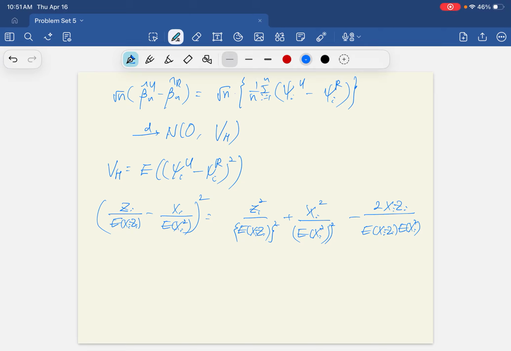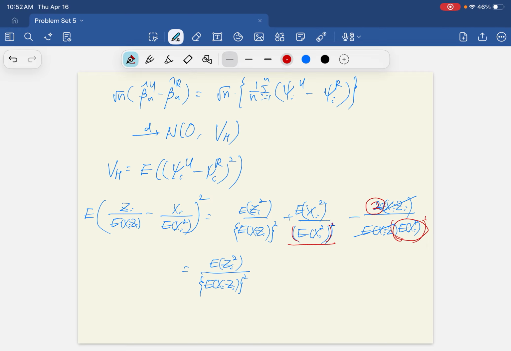Okay, and then now let's take expectations. Expectation here, expectation here, expectation here. So then it will cancel out. If you look at this carefully, the first term does not change. But here, let's think about this. In the denominator is expectation of x squared, and in the numerator it is minus 2, right? But this term has x squared expectation and then squared again.